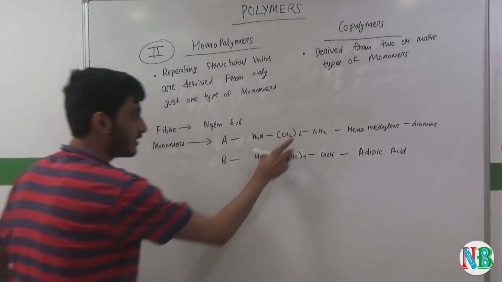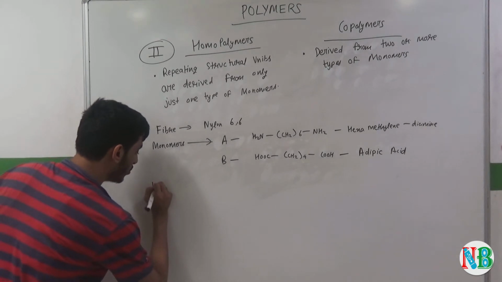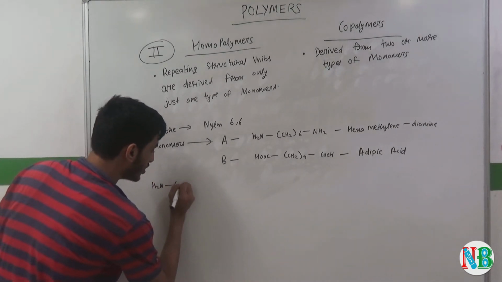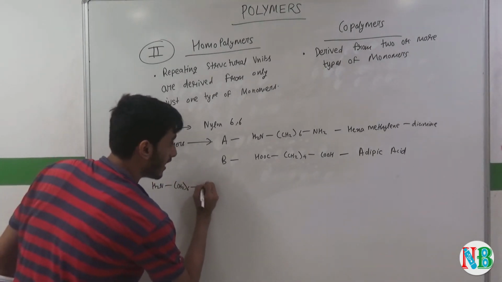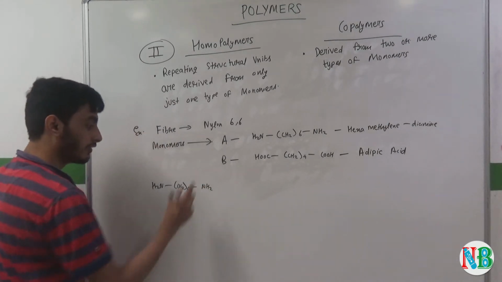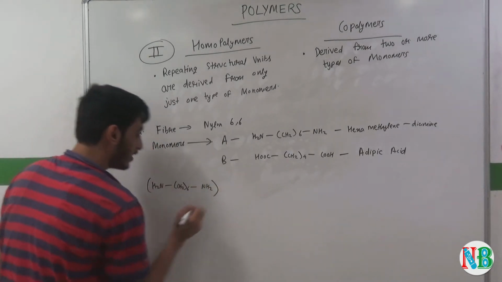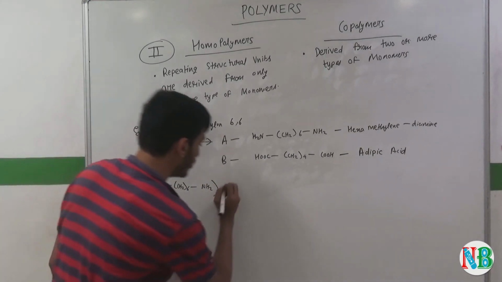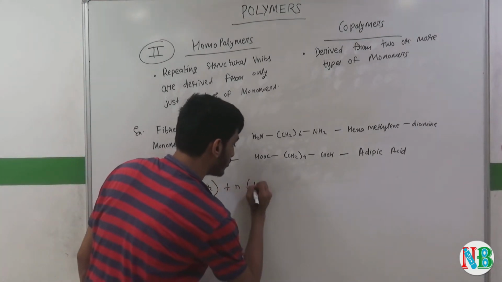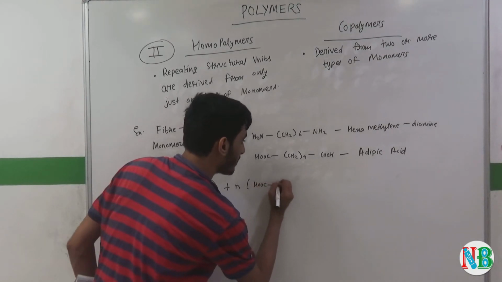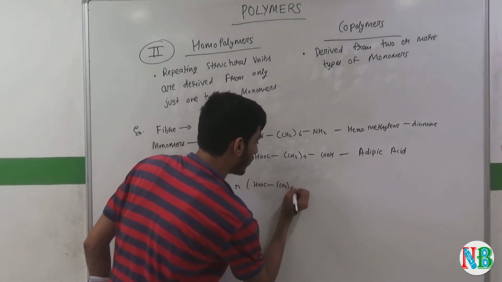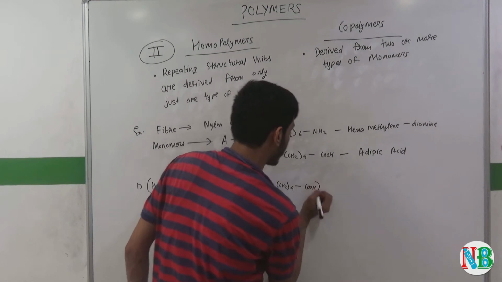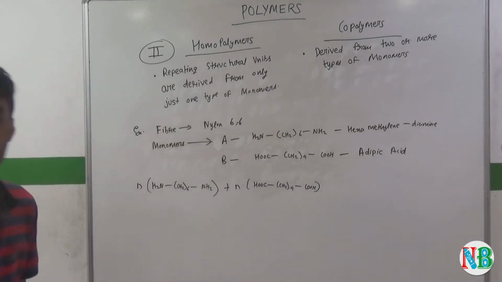You take the first molecule, H2N, CH2 6, NH2. You take n molecules of the first one, and you add it with n molecules of HOOC, CH2 4, COOH. You have to add them.